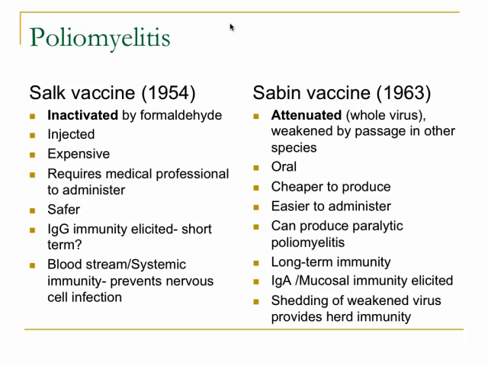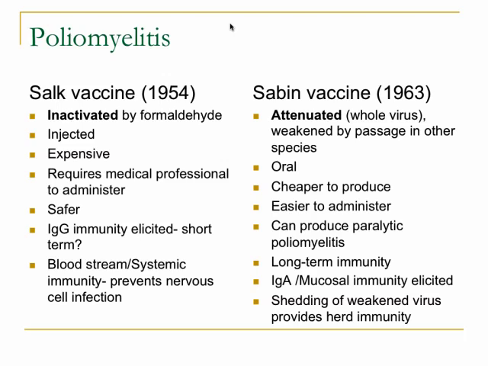And so here are some comparisons of the advantages and disadvantages of the Salk vaccine, which is inactivated, versus the Sabin vaccine, which is the whole virus but weakened form of the virus.